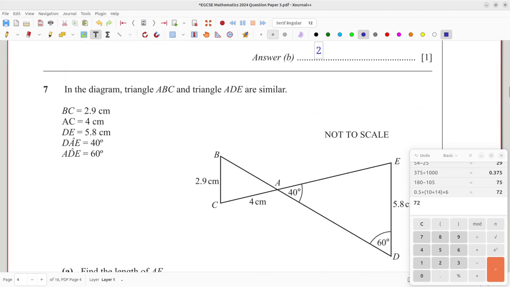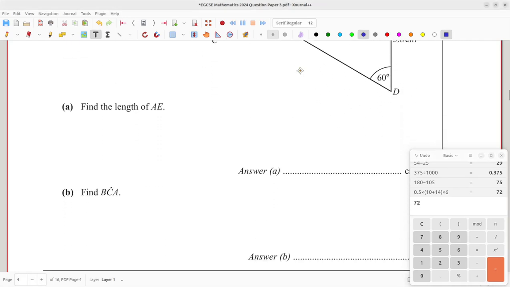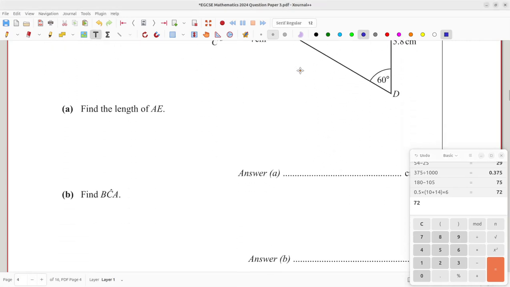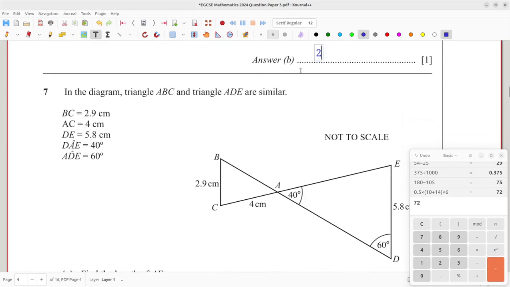Next question. In the diagram below, triangles ABC and ADE are similar. You are required to find the length of AE. Already you were told that ABC is similar to ADE.